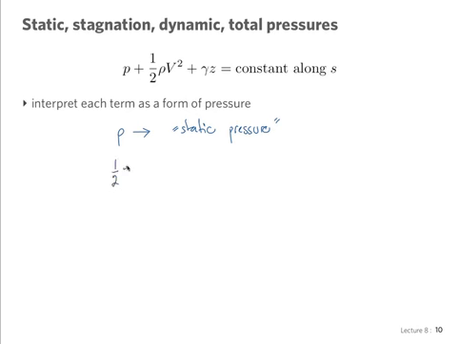The term 1/2 rho v squared is going to be interpreted as the dynamic pressure. And gamma z is like a hydrostatic pressure.